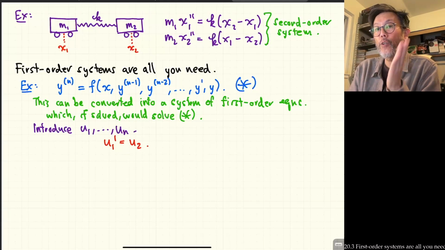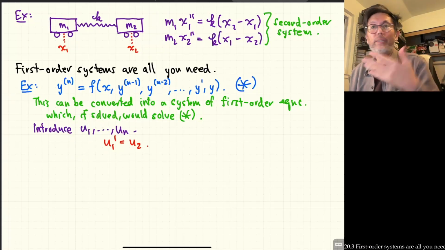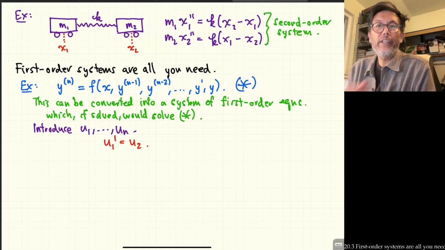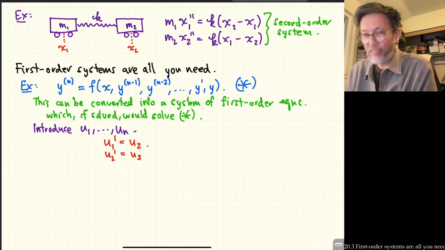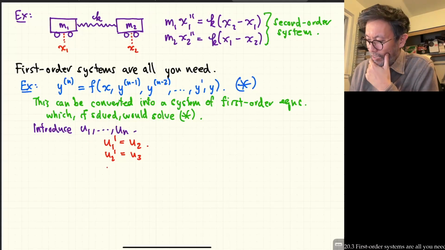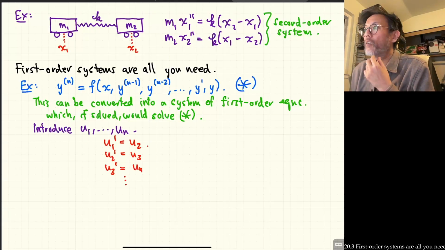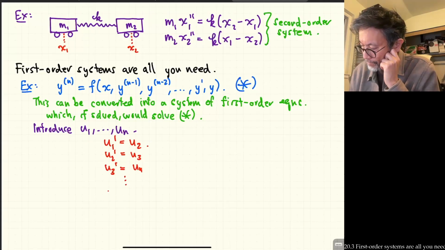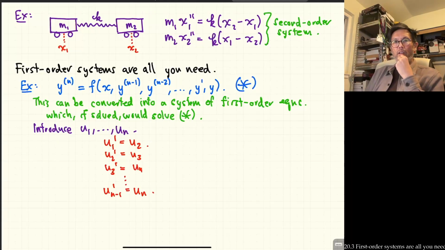That's a first order equation, because it only involves a first derivative. Next, u2 prime will be u3. u3 prime is going to be u4, and we continue in this way until we get to u sub n minus 1, whose derivative is going to be u sub n. So far we have n minus 1 equations.